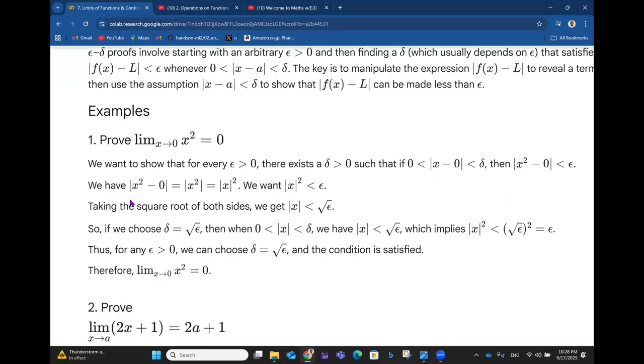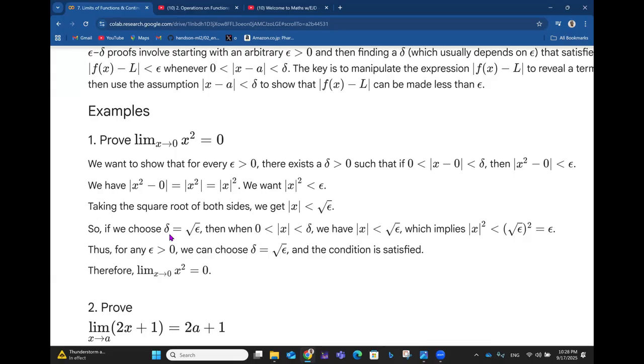So in essence, we have the absolute value of x squared minus 0 equals the absolute value of x squared, and at the end of the day, we want the absolute value of x squared to be less than epsilon. If we take the square root of both sides, we get the absolute value of x is less than the square root of epsilon.